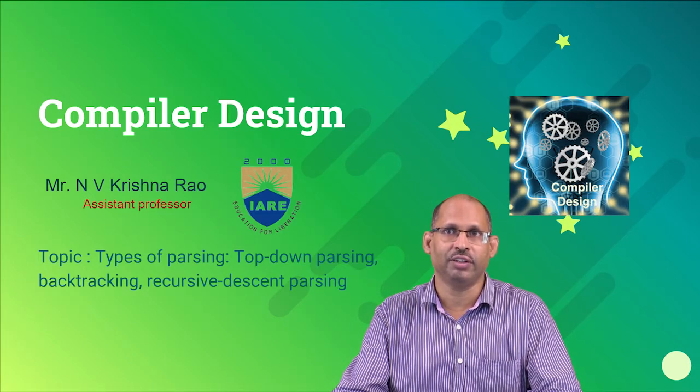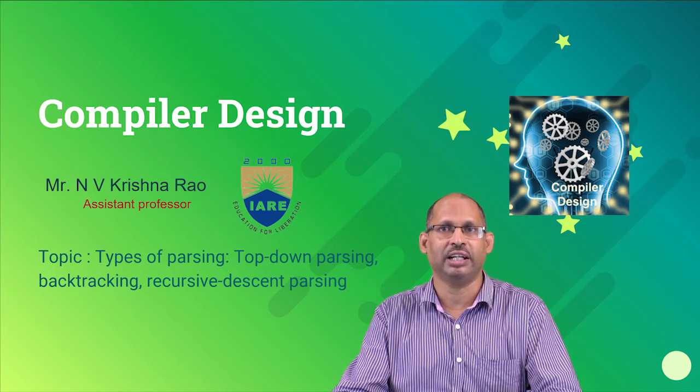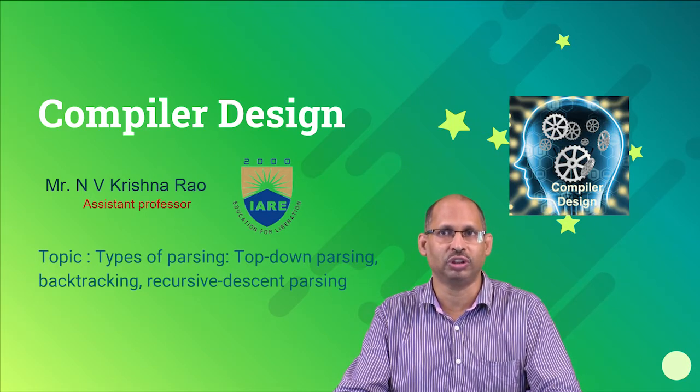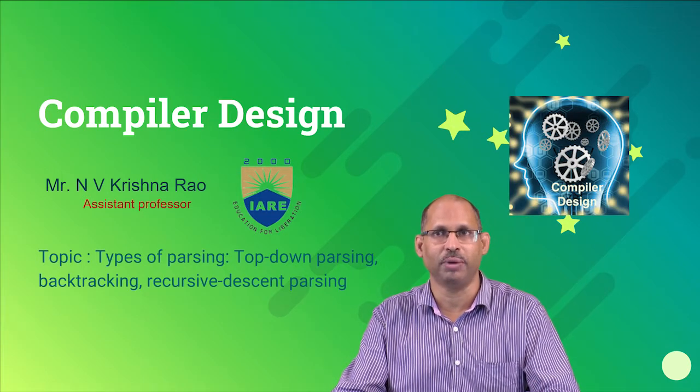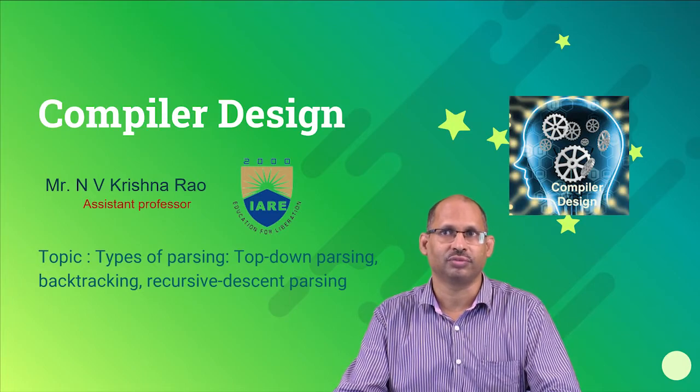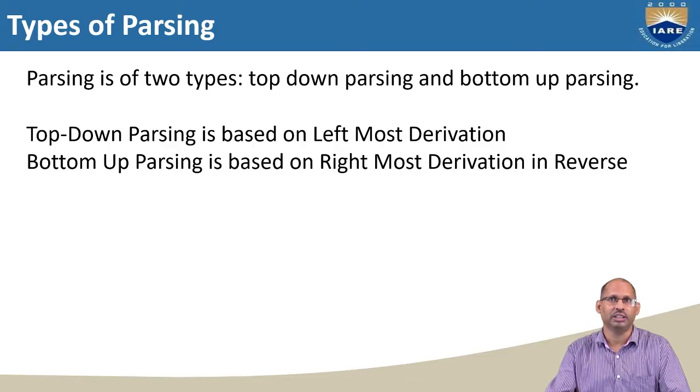Now we'll discuss the top-down and bottom-up parsing methodologies. Our first topic starts with the top-down parsing methods. Parsing is of two types: one is the top-down parsing method, another is the bottom-up parsing method.